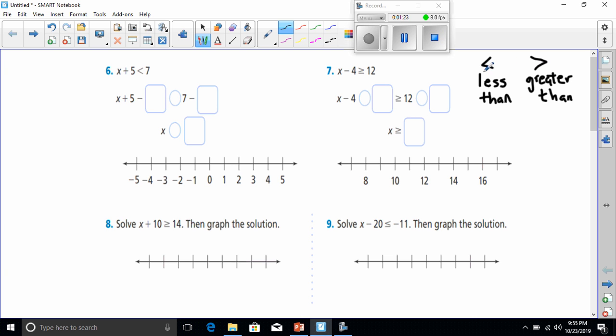One of them is going to be with a line underneath it, and that's less than or equal to. That simply means whatever's on this side is less than what's on this side, or it's equal to what's on this side, which of course makes this next one greater than or equal to.